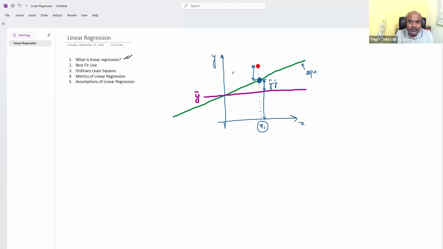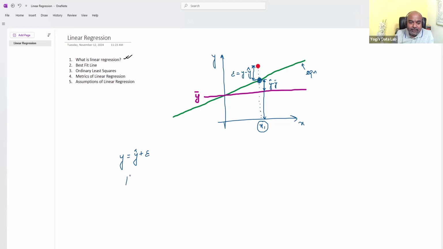This is known as epsilon, which is given by y minus y cap, the actual value minus the predicted value, y cap. So I can say that y is equal to y cap plus epsilon, which is the actual is equal to the predicted plus the errors.